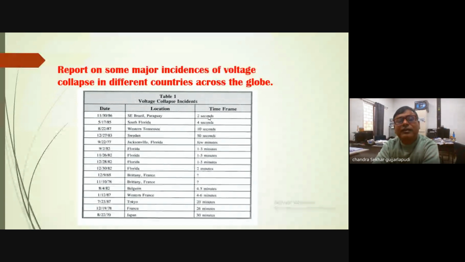For example, in 1986 in Brazil, then in South Florida, Sweden, France, Tokyo, Japan, such phenomena happened everywhere. Even in India, just a few years back, some such situation occurred.